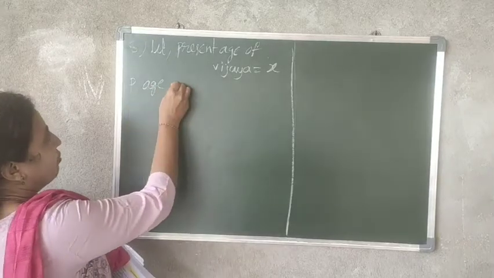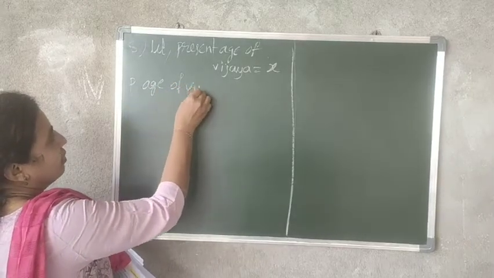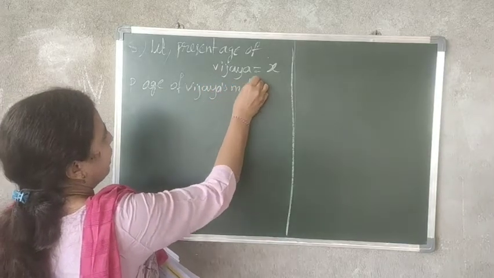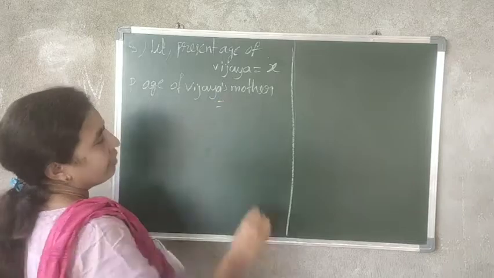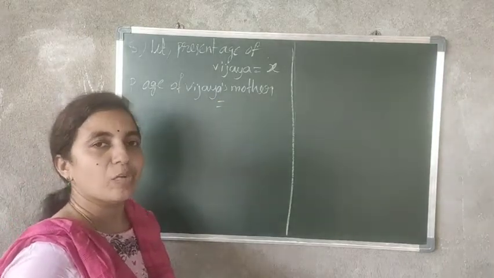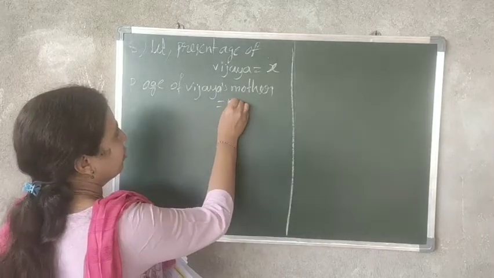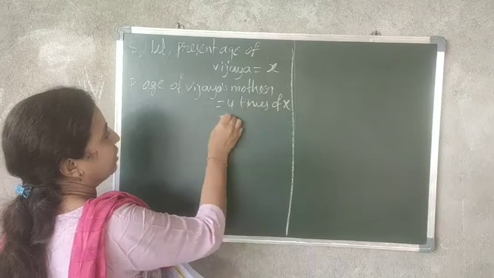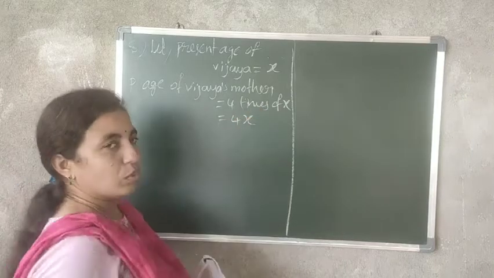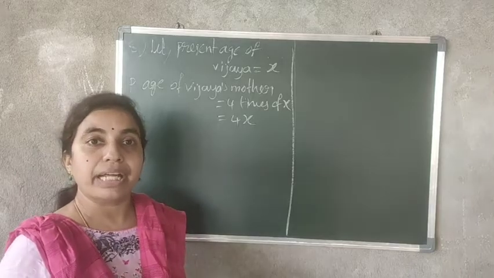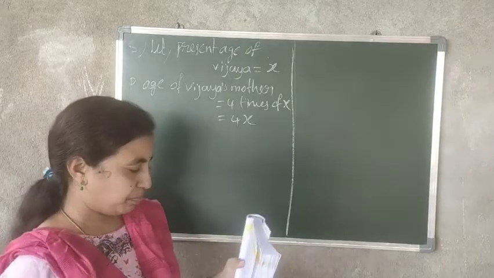Present age of Vijaya's mother: 4 times Vijaya's age. But Vijaya's age is X, so 4 times X is nothing but 4X. So the present age of Vijaya is X and the present age of Vijaya's mother is 4X.